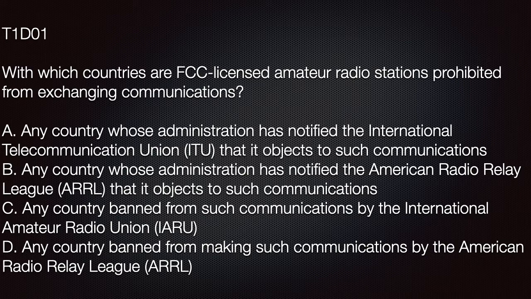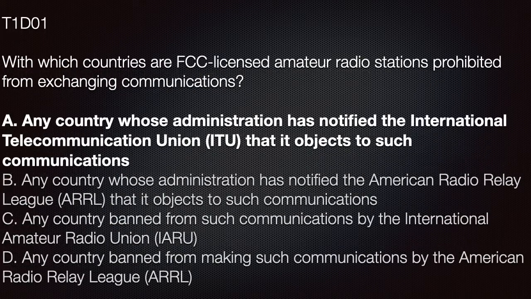C, any country banned from such communications by the International Amateur Radio Union, IARU. Or D, any country banned from making such communications by the Amateur Radio Relay League, ARRL. If you answered A, any country whose administration has notified the International Telecommunications Union, or ITU, that it objects to such communications, you're going to be famous. If you missed it, I'm sure you'll get it right next time.